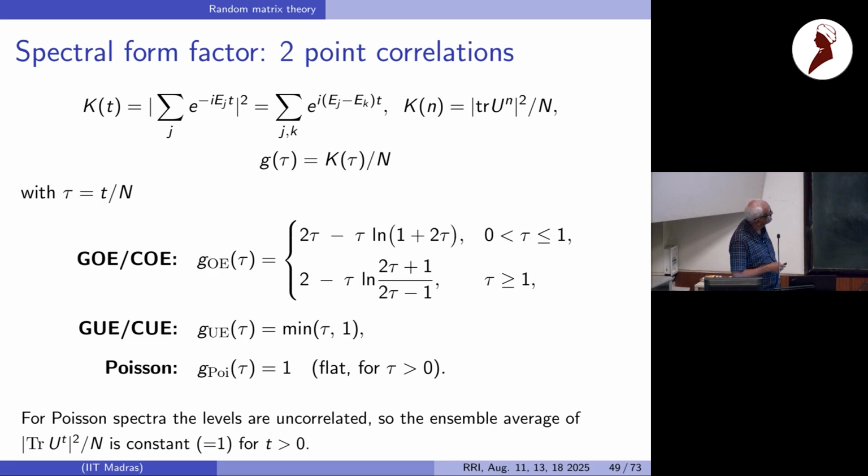And here is a simple quantity. You just take the trace of a propagator. So you'll have e to the minus i energy eigenvalues times time, modulus squared. It's a complex number, you take modulus square of that, and that can be written like this. This need not converge, but let's assume that you have done something to make this a well-defined object.